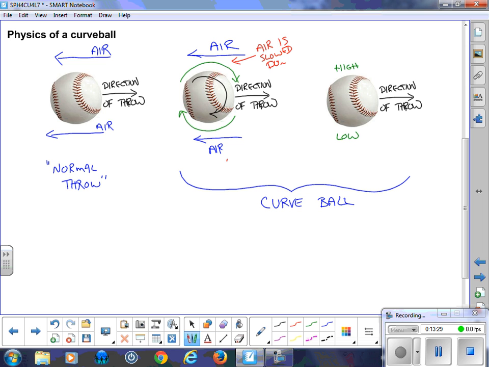Okay, that rotation on the ball causes the air to encounter a frictional force, which slows it down, whereas down here, air is sped up, and that's because the friction is kind of dragging the air and pushing it along.